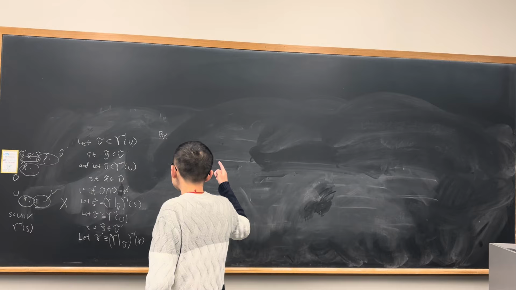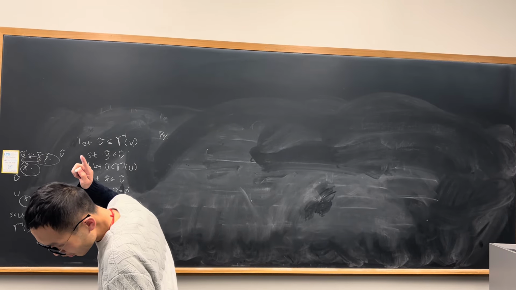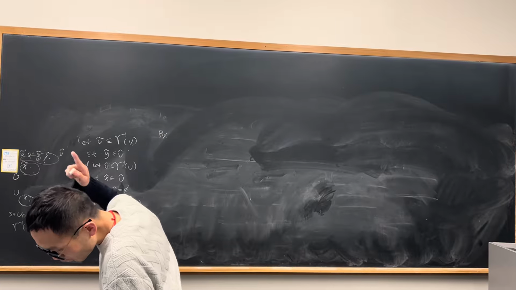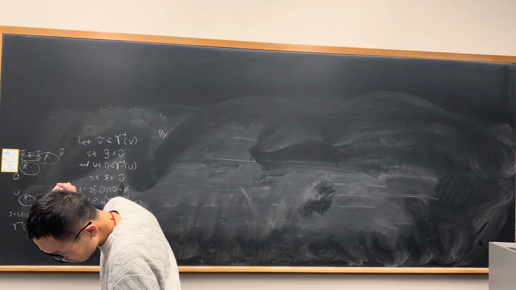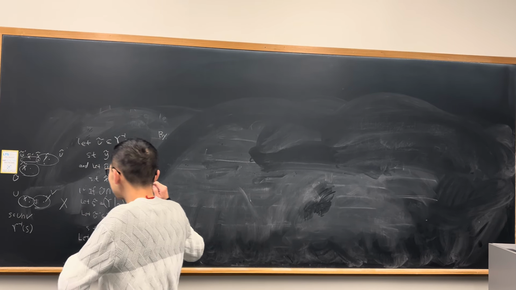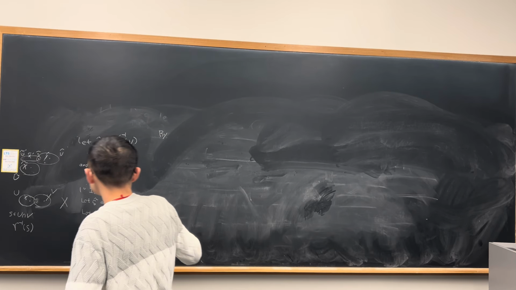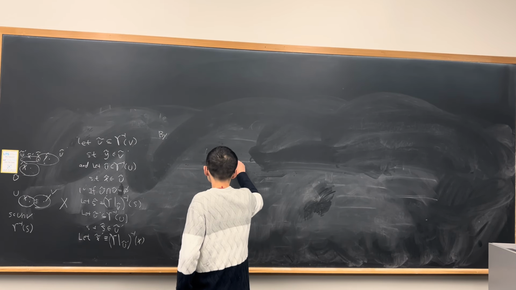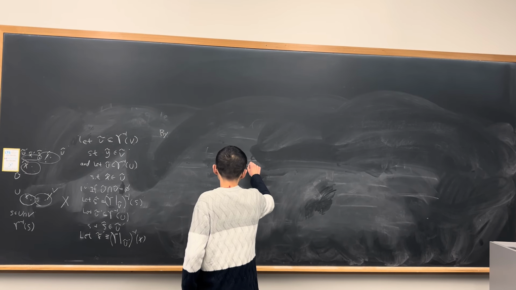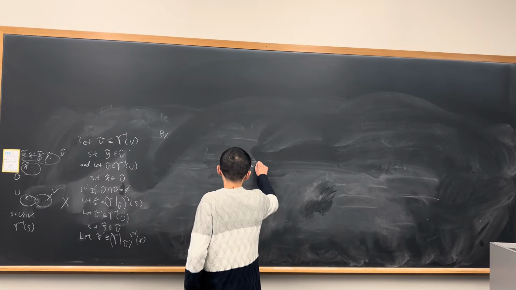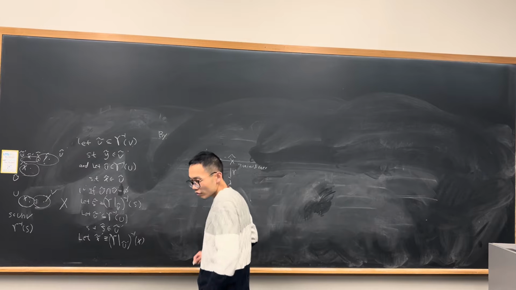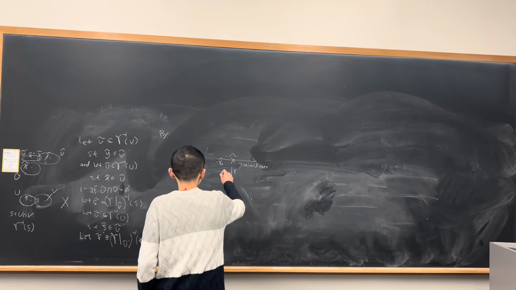The idea is that we fix a point in the covering space. So we have this x tilde as the universal cover, and then we fix a point.